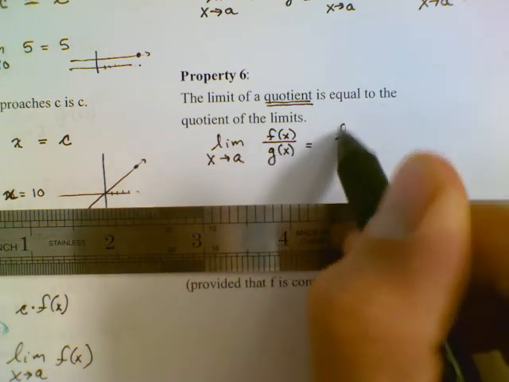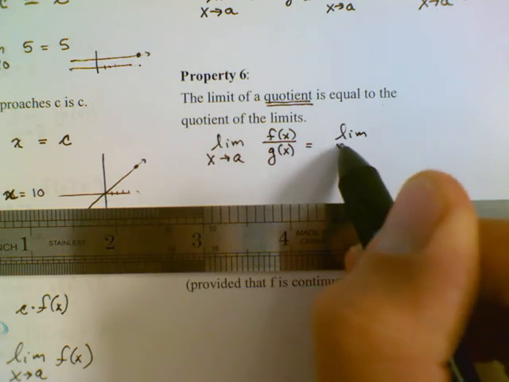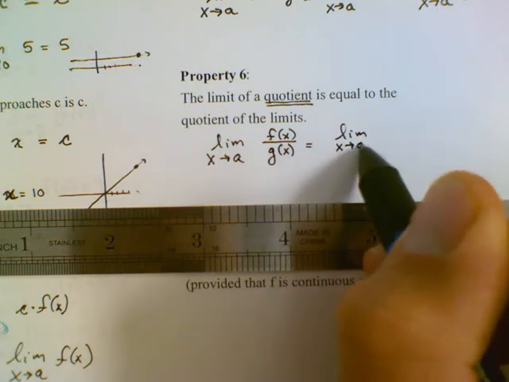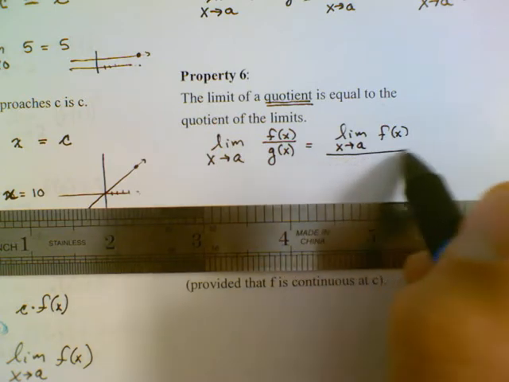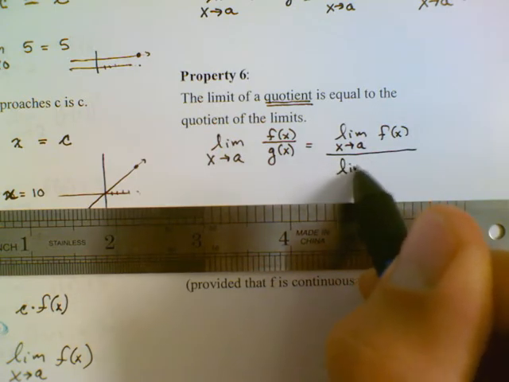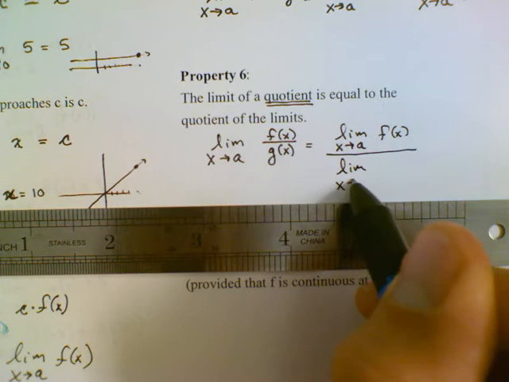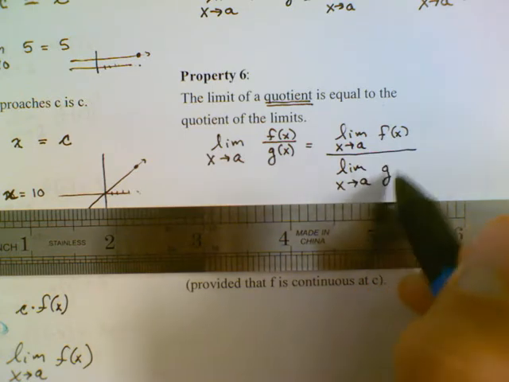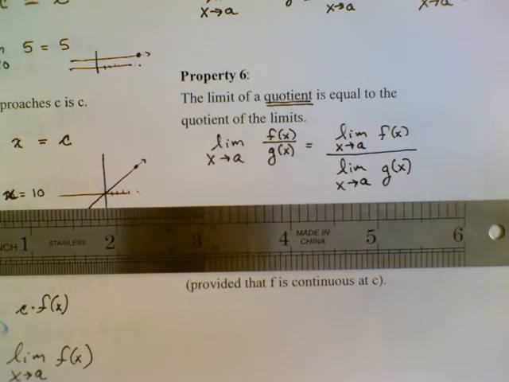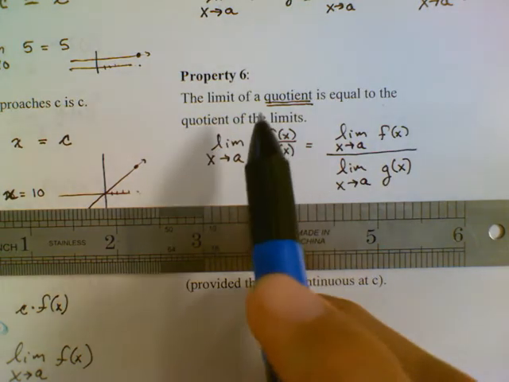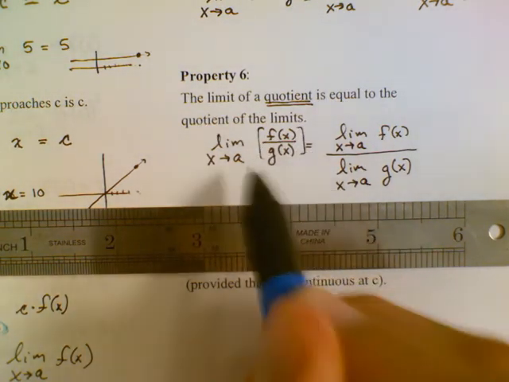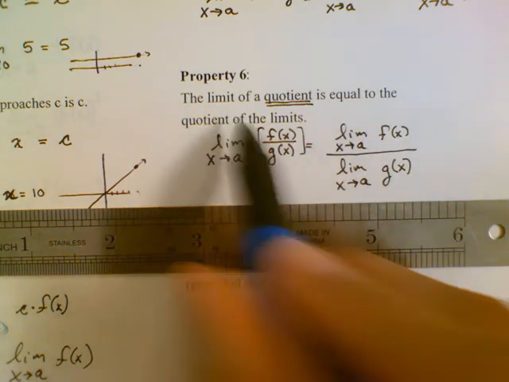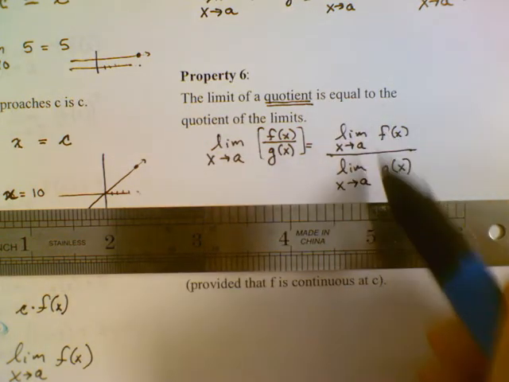And that's going to equal the limit as x approaches a of f of x divided by the limit as x approaches a of g of x. So that just says the limit of a quotient, this is our quotient here, is equal to the quotient of two limits.